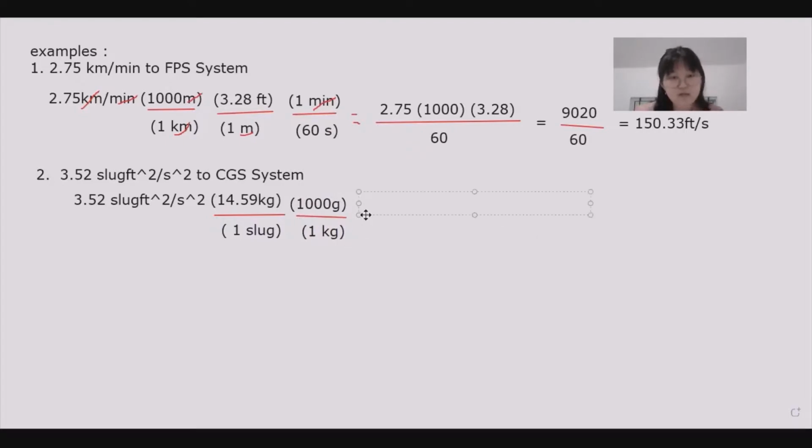And then we need to change from feet to meter. It will be 1 meter divided into 3.28 feet.